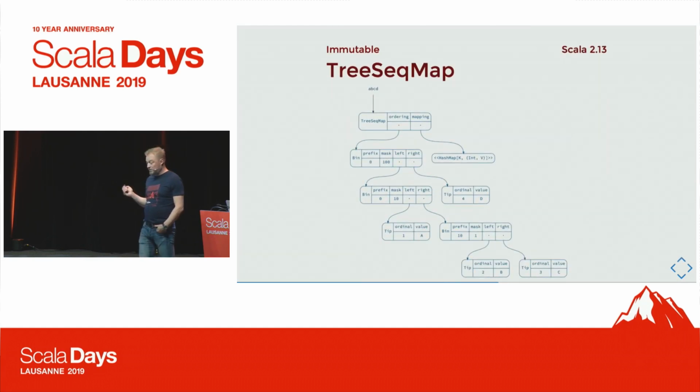So this int map, it looks like this in memory. This is basically a bit trie. So it has a prefix. These are all done on the bit values and a mask, and then it has one branch to the left and one to the right.